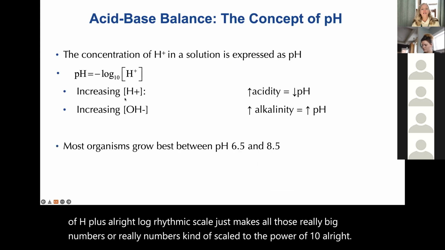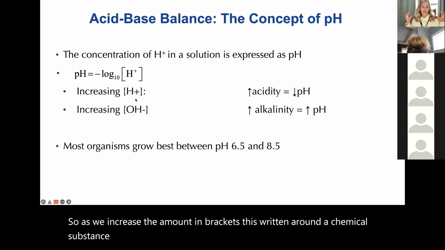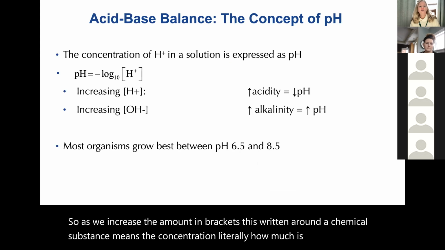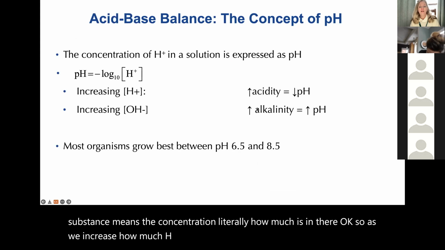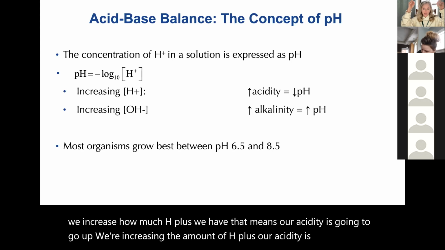As we increase the amount, brackets written around a chemical substance mean the concentration, literally how much is in there. So as we increase how much H+ we have, our acidity goes up, getting greater and greater.